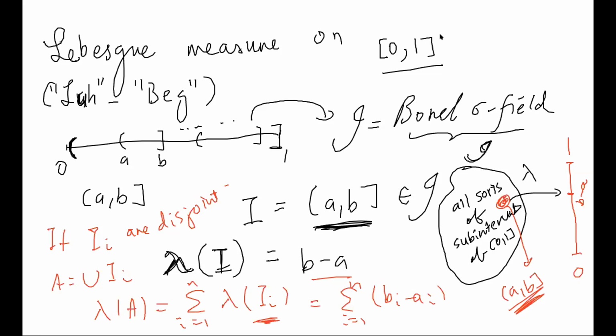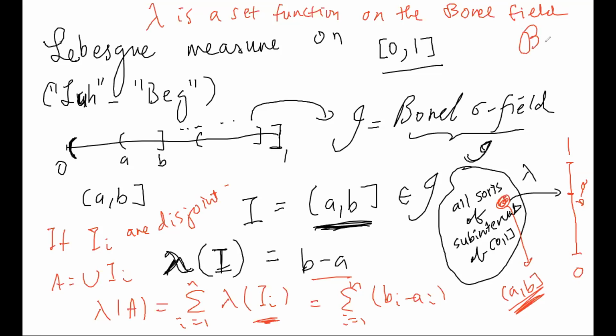Okay, so because of this, we say that lambda is a set function on the Borel field. Again, it's a set function on the Borel field B naught, which can be extended to the Borel sigma field.